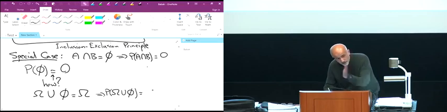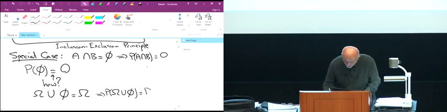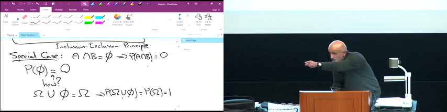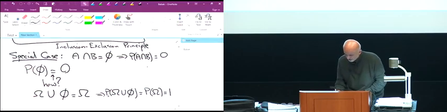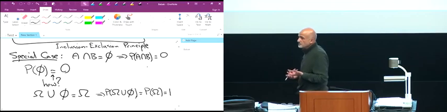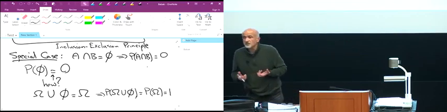On the right-hand side, you have what? P of omega, which is what? 1. How do I massage this? I'm going to have you answer your own question. How do I massage the left-hand side to get the result I want? Can I break this up? Why can I write the left-hand side as the probability of the sample space plus the probability of the empty set?